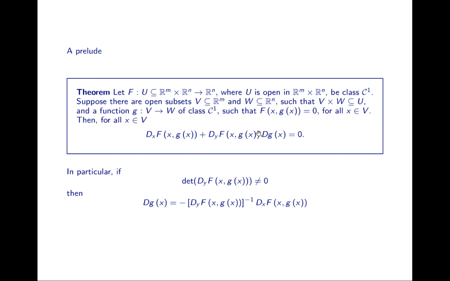We just solve for the derivative of g, subtract this, and multiply by the inverse of this matrix on both sides, and we get this expression. Again, in this theorem we're assuming quite a bit. We're assuming that if I set f of x comma y equal to 0, and that does define an implicitly defined function, then the derivative is given by this information here.